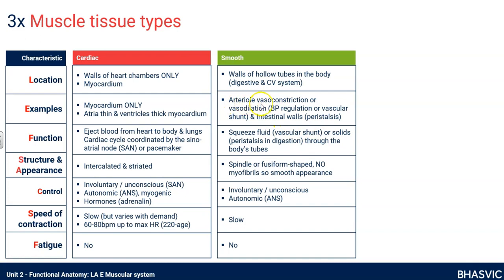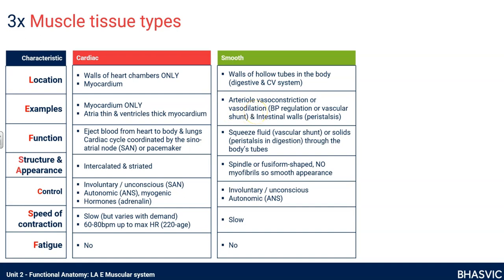And if you remember, I described vasoconstriction, where that smooth muscle will contract and narrow the blood vessel diameter, reducing blood flow, or the smooth muscle will relax, and we call that vasodilation, where it widens the blood vessel diameter and blood flows more easily through.